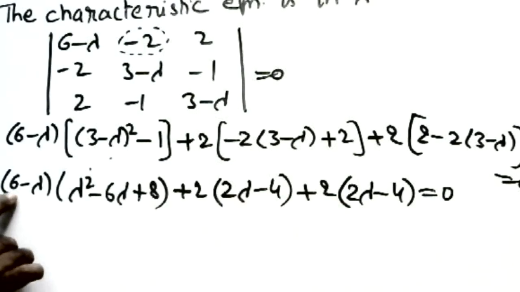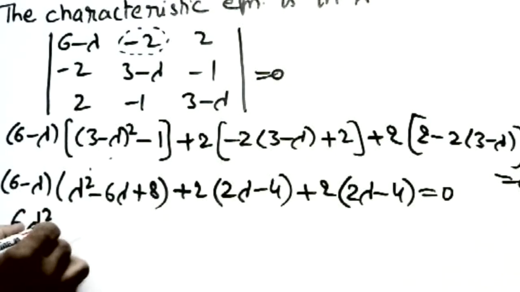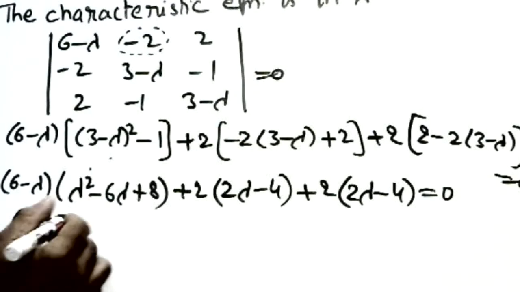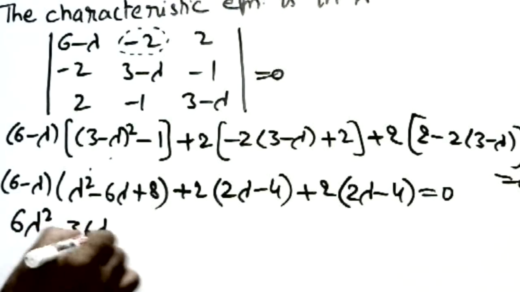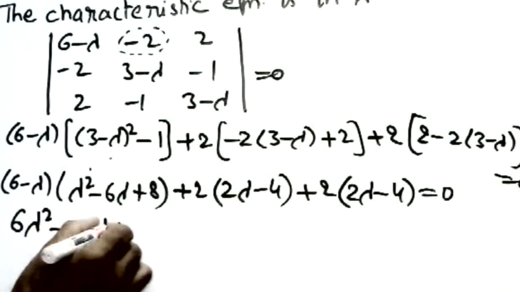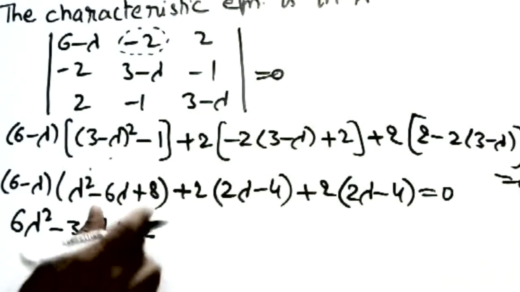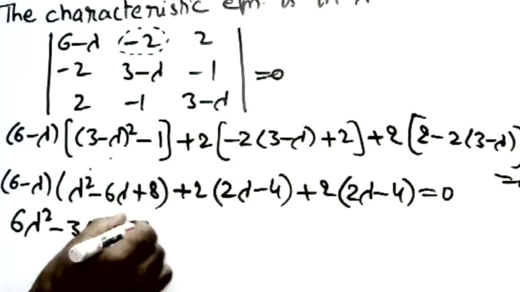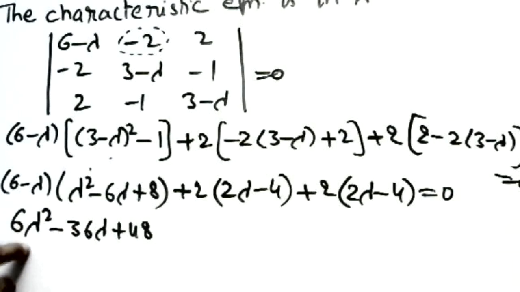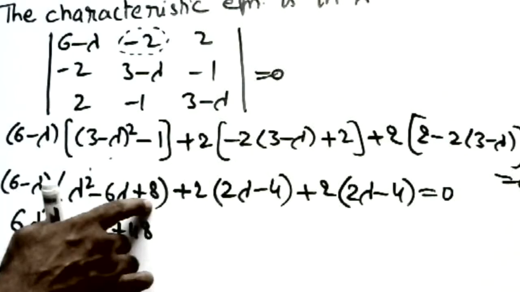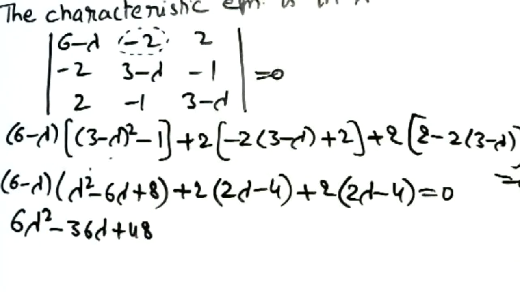Now let me multiply all these numbers. Multiply by 6 first, 6 into all these numbers: 6 lambda square, minus 36 lambda, plus 6 8s are 48.